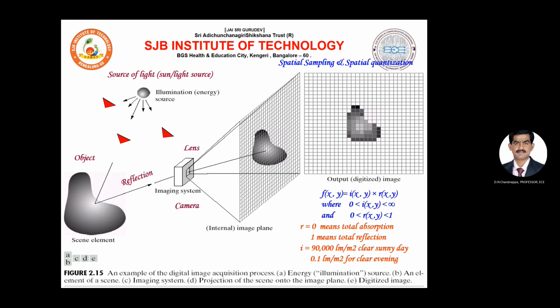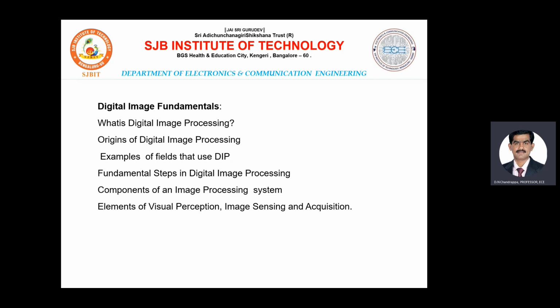See the same diagram here: how source energy reflects off the object, and the reflection passes through the sensors. So this is the overall combination of image acquisition and arrays.